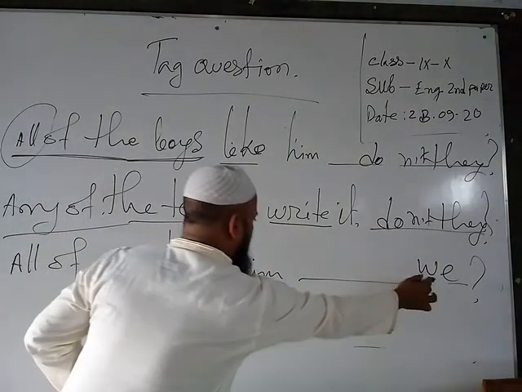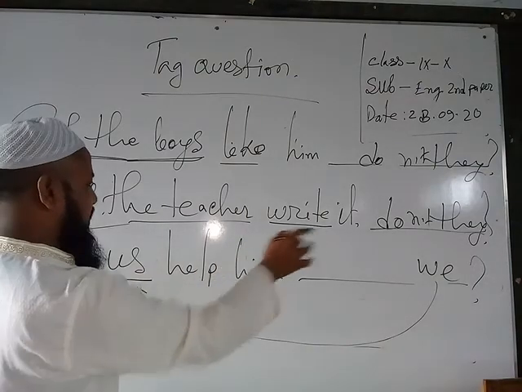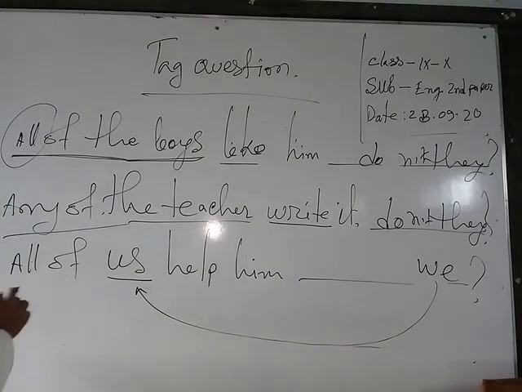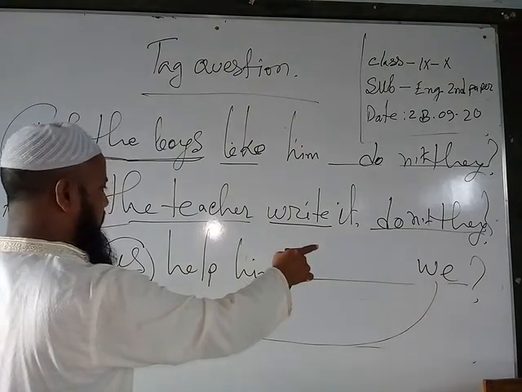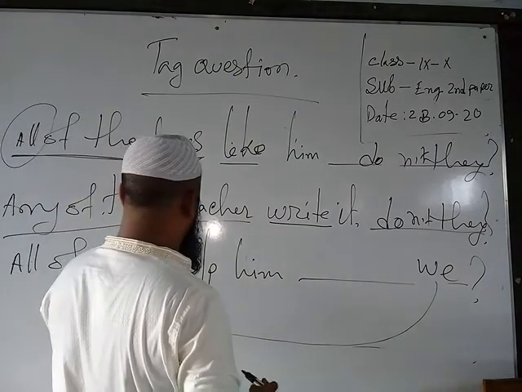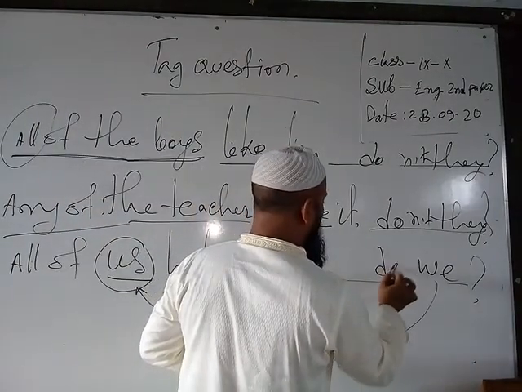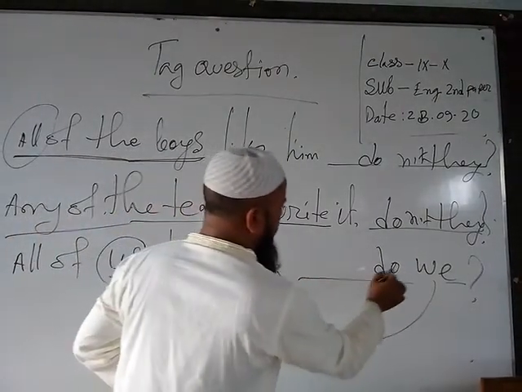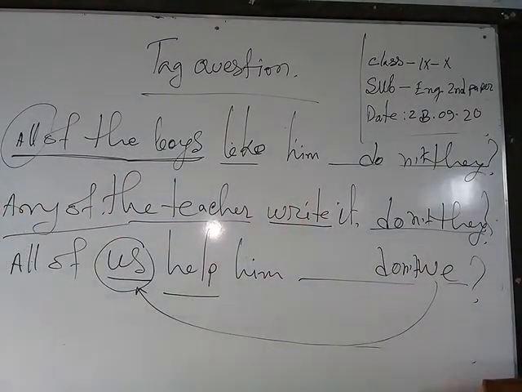We is used for us. We is the subjective form of us. So if the sentence starts with all of us, we use the subject of the tag question we, and here there is no auxiliary verb. The main verb is help, so we use do, and it is an affirmative sentence, so we use not. That means the final answer is don't we.